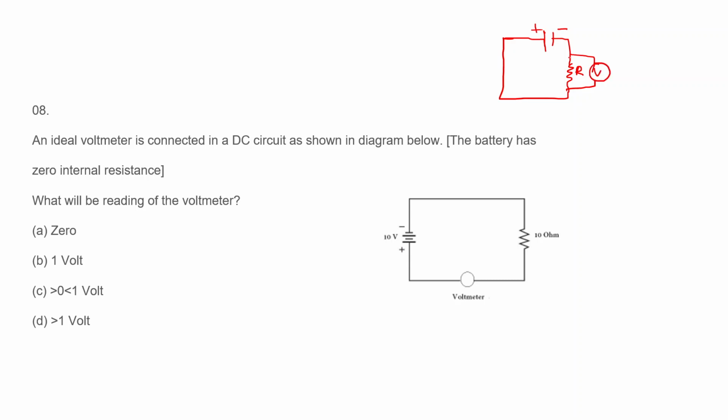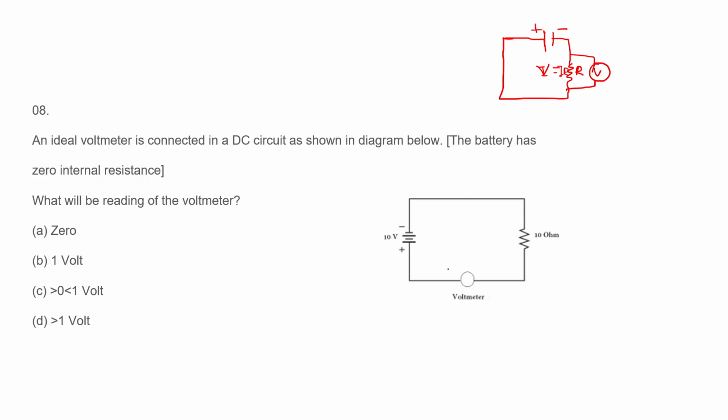So we connect the voltmeter in parallel with this resistor. In this case voltmeter is made with very high internal resistance, so that all the current will flow through this resistor and there is no current through the voltmeter, so that we can get the correct value of V, I times R, because all the current will be flowing through this.